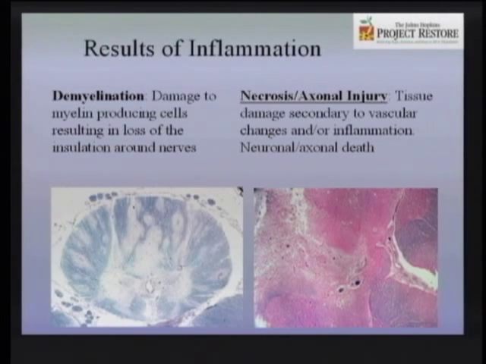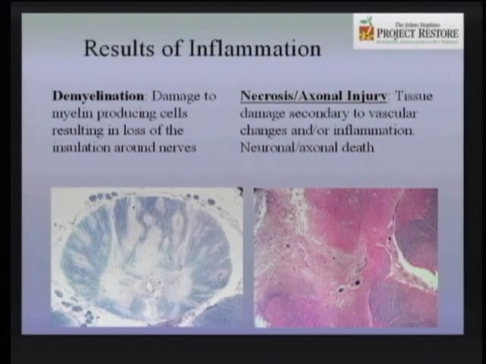Because the results of that inflammation can be either demyelination. Here seen in one example, the blue color here is for myelin, and what you're seeing are multiple areas of demyelination. But the alternative is a more severe type of transverse myelitis, which the result of that inflammation is necrosis or axonal injury.